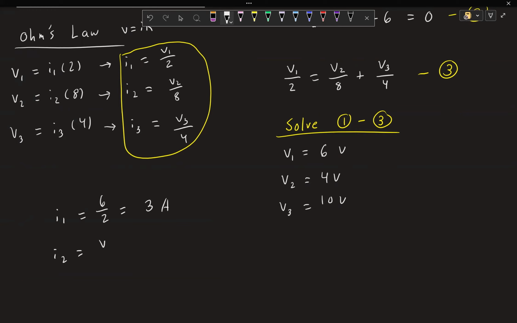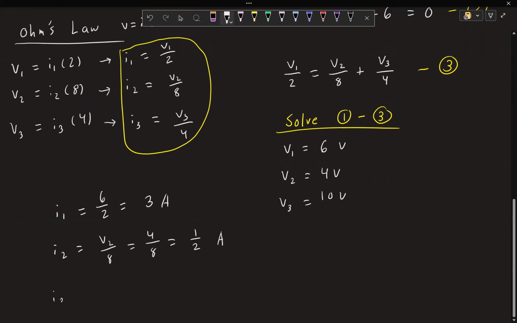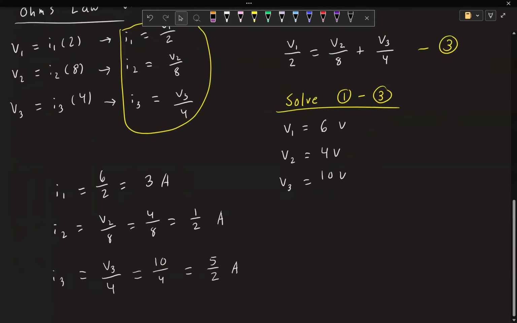I2 equals V2 over 8 equals 4 over 8 equals 1/2 amps. And then I3 equals V3 over 4, which equals 10 over 4, which equals 5/2 amps. And that gives us all of the answers we wanted. So we're done.